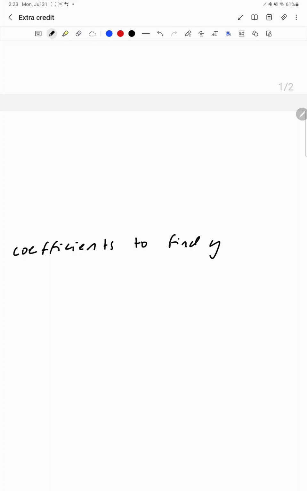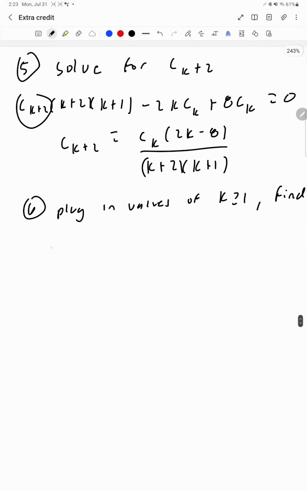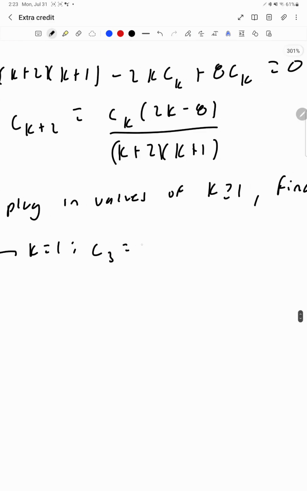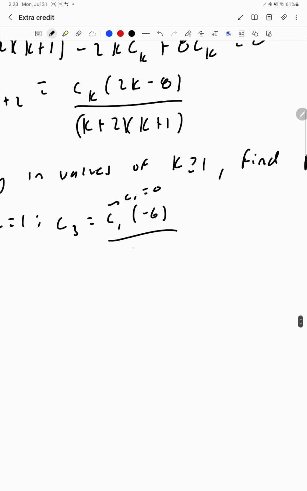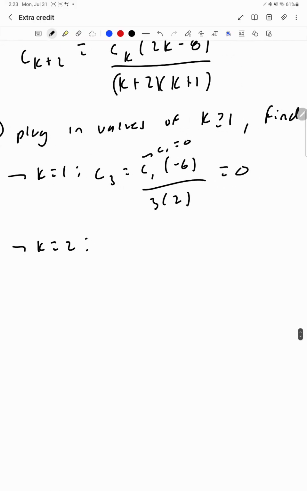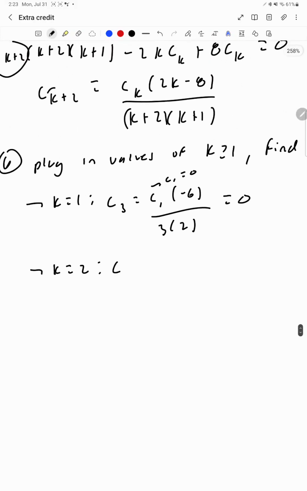This is going to be a very large file, sorry about that. So we're going to start off with k equals 1. So c of 3 equals c1 times negative 6, and because c1 equals 0, this whole thing equals 0. Then we plug in k equals 2, so this is k plus 2, that's going to be c of 4.